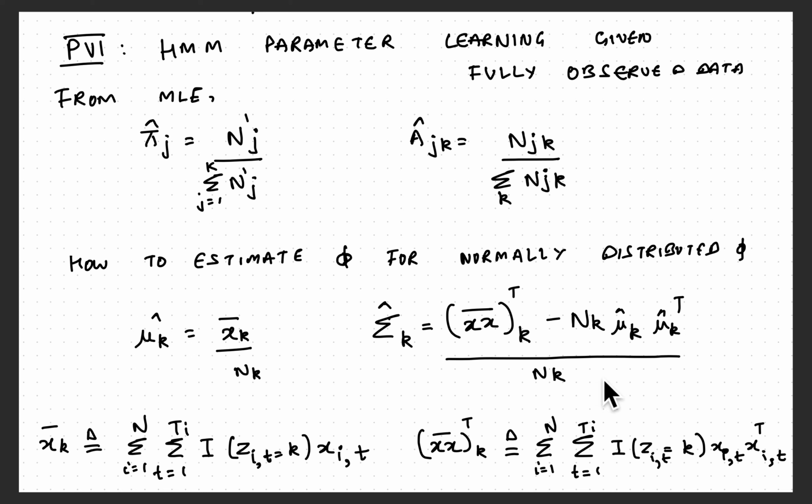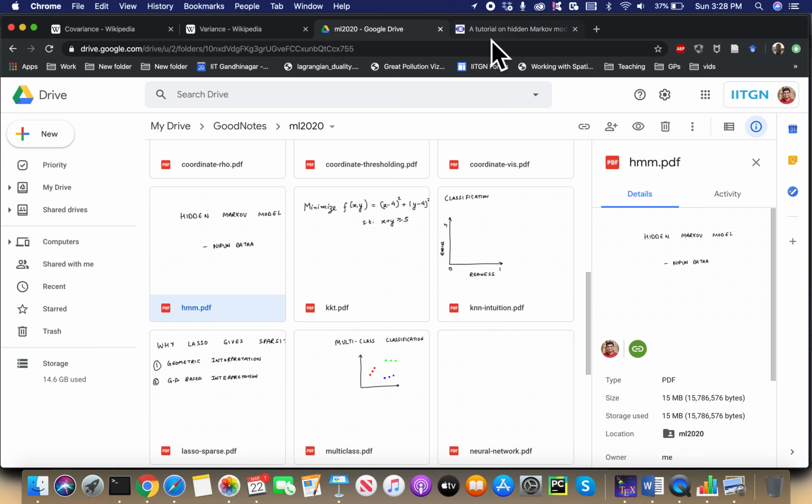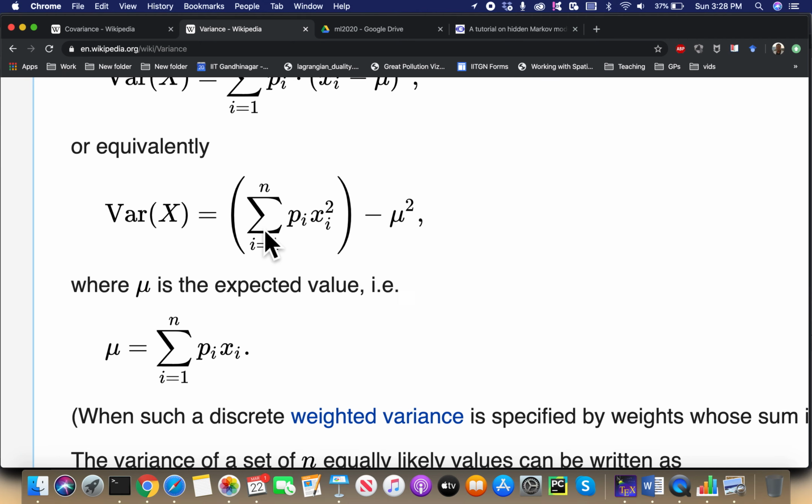This might look a little confusing, but let's again try to see what xx bar transpose k is, this term on the top. This equals xit multiplied by xit transpose each time you are in the kth state. If this formula looks confusing, it is good to go to the Wikipedia page and look at the formula for variance.